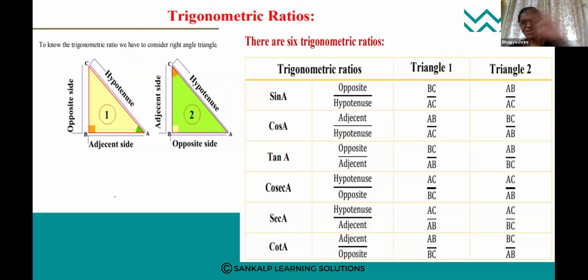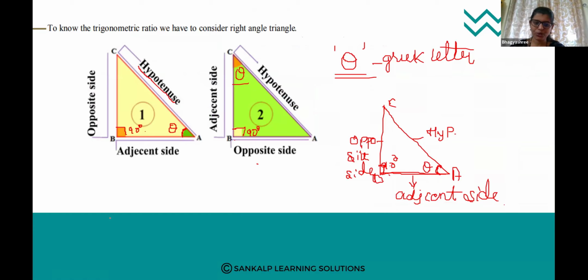Trigonometric ratios. Our full topic is based on this. Trigonometric ratios. Ratios means what? Yes, dear children. When do we see ratios? Have you remembered, we saw ratios in 8th standard and 9th standard. When you are using ratios, you are comparing two quantities, two things, right?